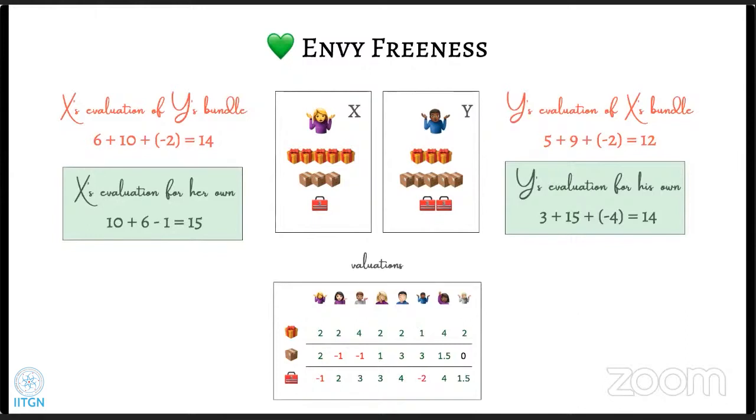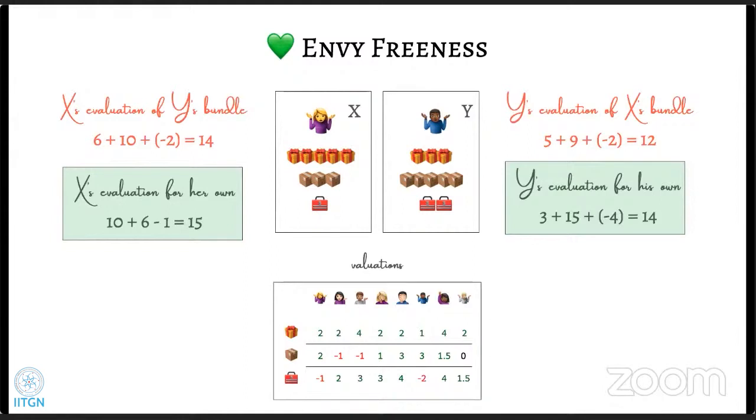Notice that it makes sense to use both of these notions in tandem, because you can imagine that there are Pareto efficient allocations that don't make sense at all. We have seen an example of that. And you could also think of envy-free allocations, which are trivial to come up with.